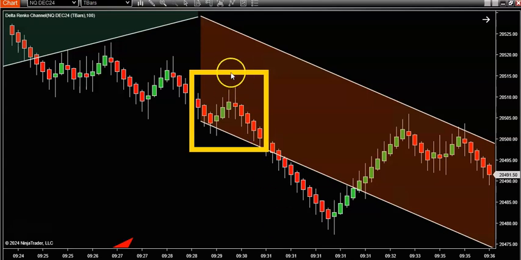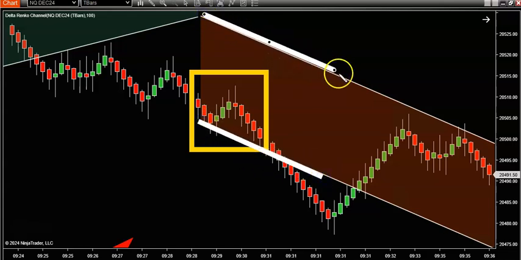This is a simple two-step process, and if you can follow these two steps, I feel this system is going to make an immediate impact on your trading. The first thing to recognize is we have to wait for a channel to start. That's relatively obvious, right? And you guys know that my secret sauce and proprietary algorithm relies on a 45-degree sharp angle for the channel to be formed.